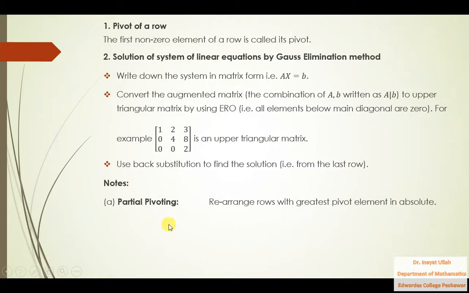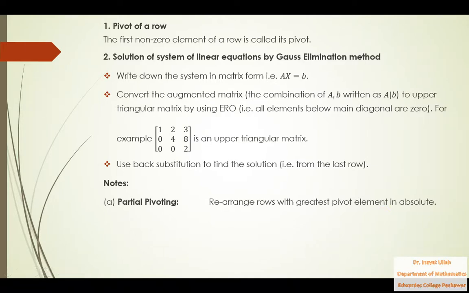The first one is partial pivoting using the Gauss elimination method. What is partial pivoting? So remember that we will rearrange rows with the greatest pivot element in absolute value.